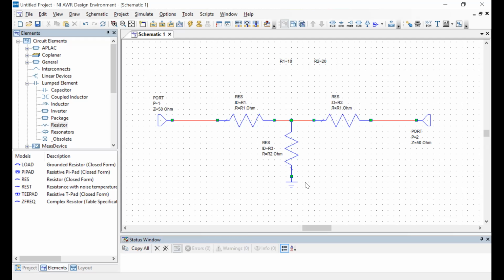Okay, so again, the Z matrix of this is going to be pretty straightforward, right? Z11 is going to be just R1 plus R2.